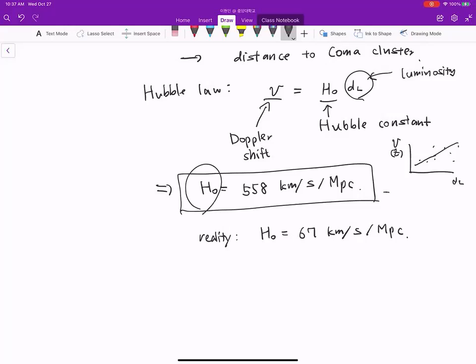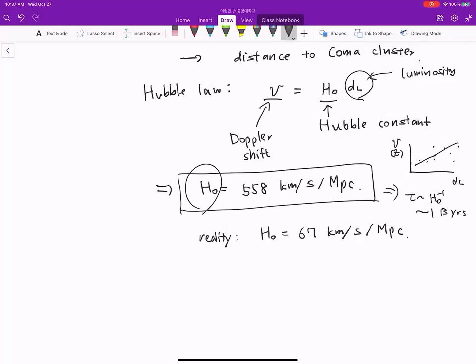The age of the universe is a problem. The age of the universe is inversely proportional to the Hubble constant. So 10 times smaller, just 1 billion years.